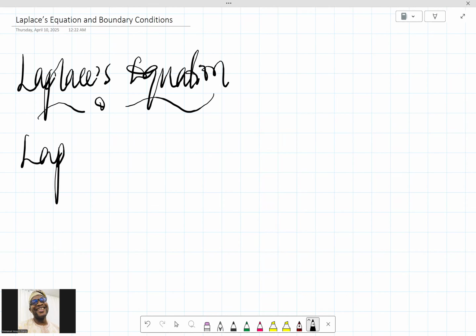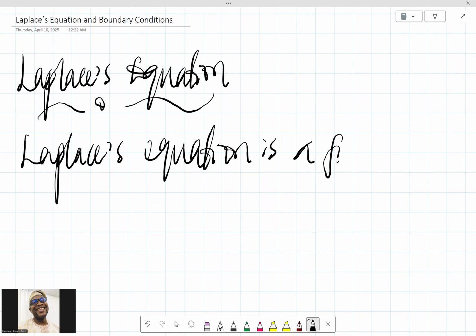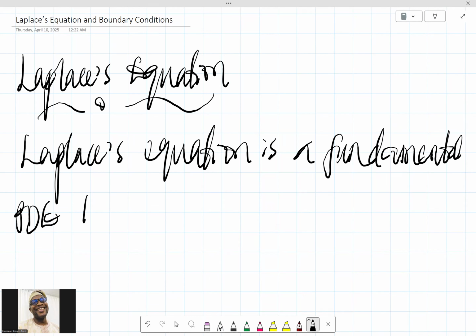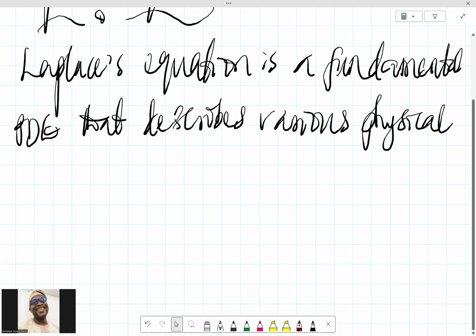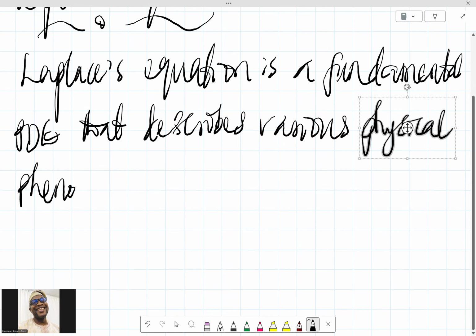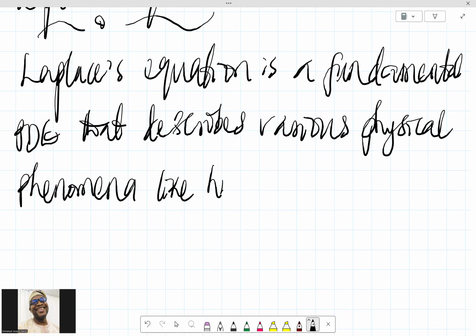Laplace equation is a fundamental partial differential equation that describes various physical phenomena like heat conduction.